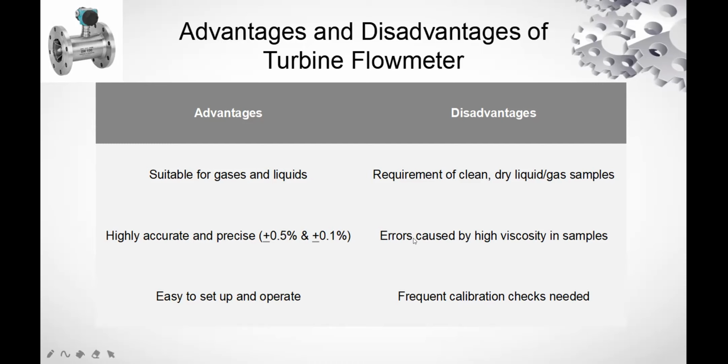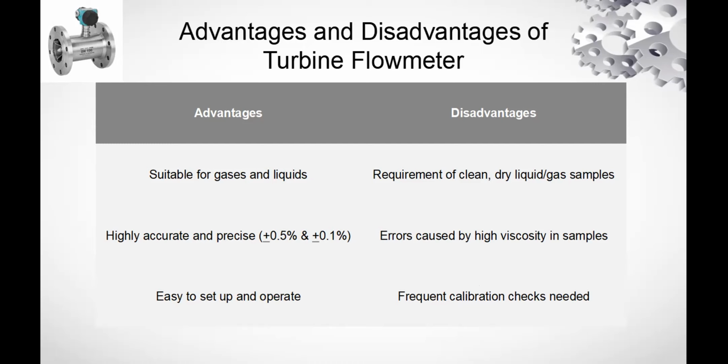Next is the errors caused by high viscosity in samples. It is because there is some air or gas in the fluids, so it will cause the viscosity to sometimes be higher than the calibration fluid viscosity itself. The last disadvantage is that frequent calibration checks are needed.